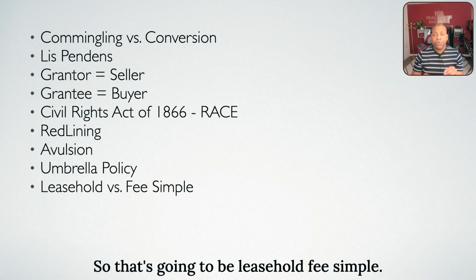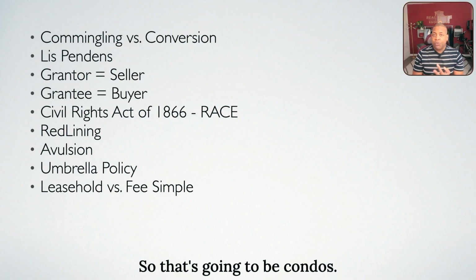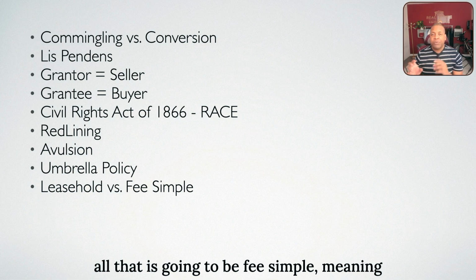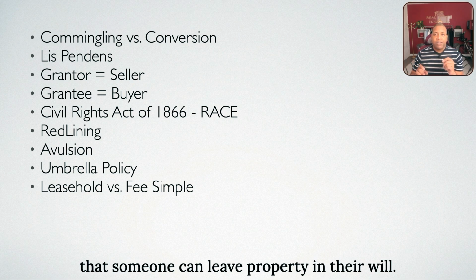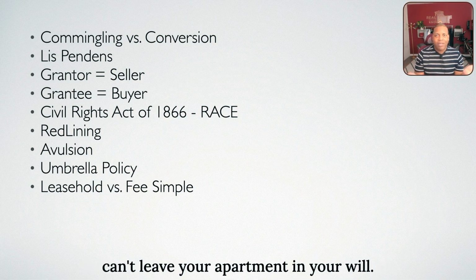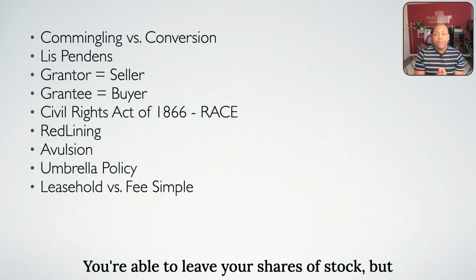Fee simple, you own, meaning you're able to leave it in the will. So that's going to be condos, of course, single family, multifamily, commercial. All that is going to be fee simple, meaning that someone can leave property in their will. Unlike, obviously, if you're a renter, you can't leave your apartment in your will, as well as in a co-op. In a co-op, you're able to leave your shares of stock.